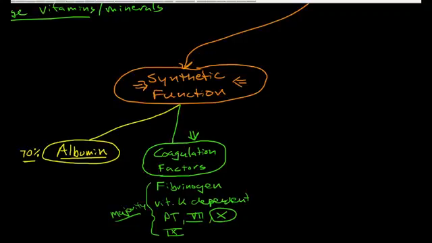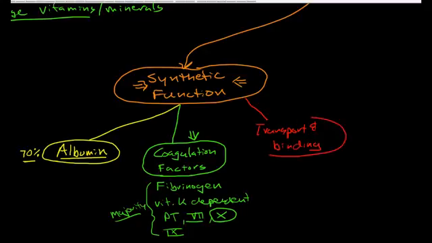Now, another group of important proteins would be transport and binding proteins. Just to give an example of some proteins that we have talked about before, when we talked about the hematologic system, with the iron cycle, we talked about the importance of a binding protein called apoferritin, which when it's bound with iron becomes ferritin, which allows for the storage of iron in the body.